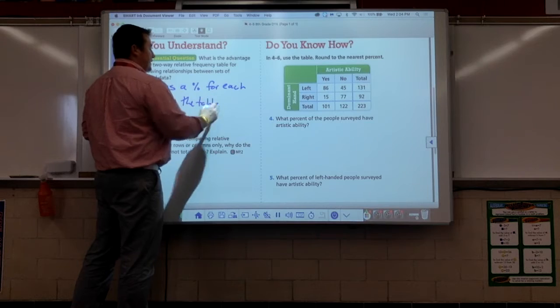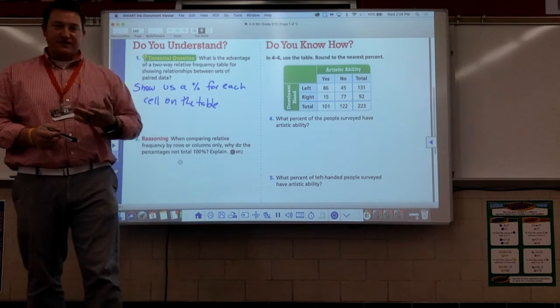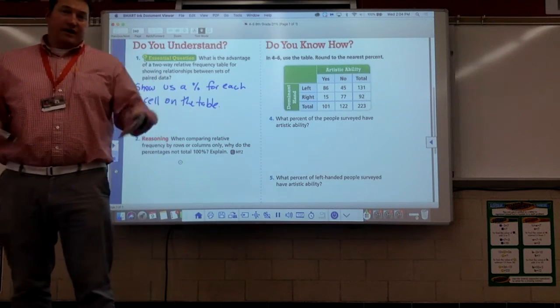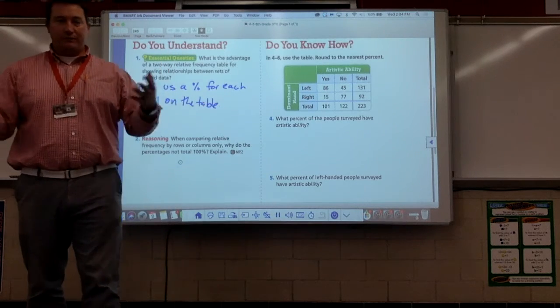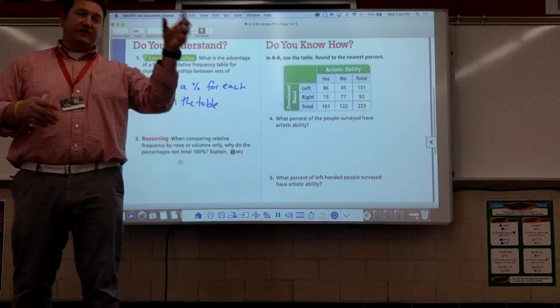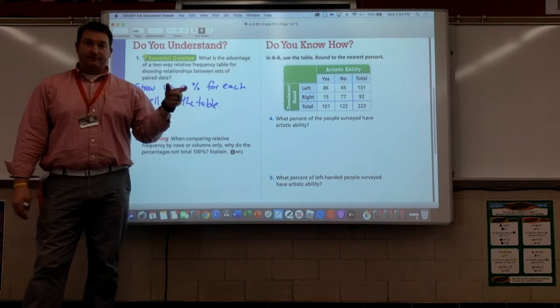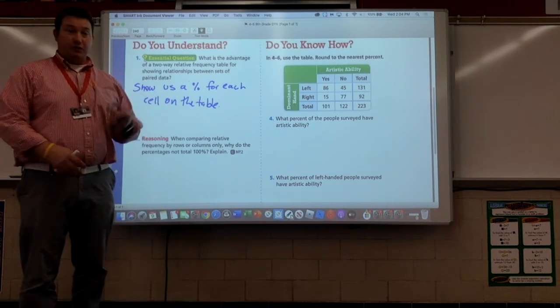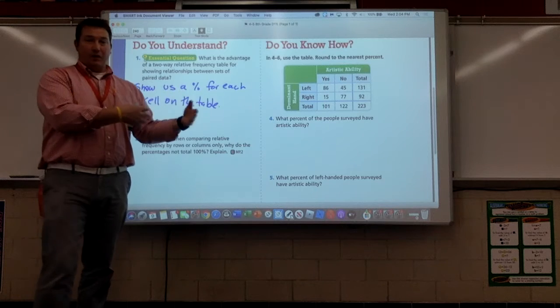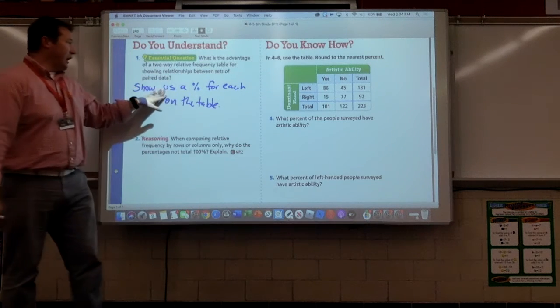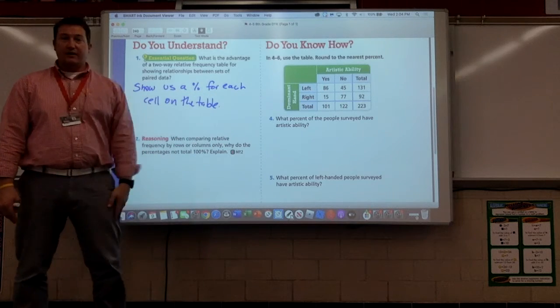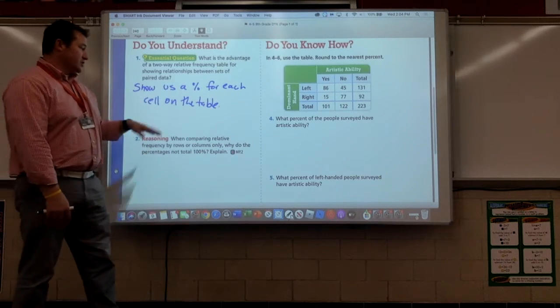I would think percents make more sense to us than just the number. If we just had the number 24 out there, maybe we understand it, maybe we don't, but if we say, hey, 95%, that means most people like that. 24 might not click in our heads that, hey, that's really 95%. So I think the fact that they show us a percent is a little bit more valuable information to us.